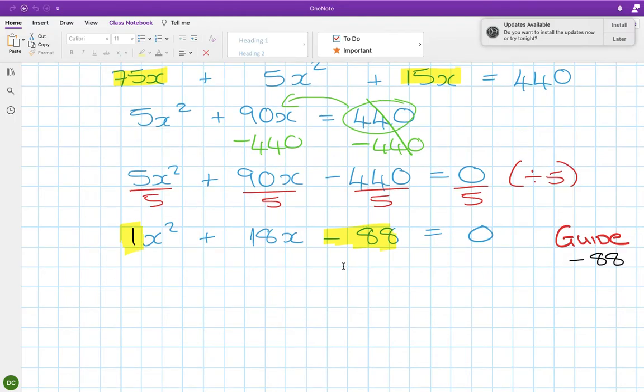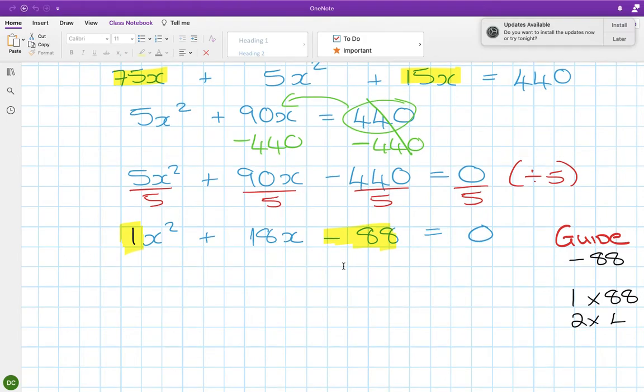We do the factors of minus 88. So 1 by 88, 2 by 44. 3 doesn't divide. 4 by 22. Will that work? Yeah, that one will work.